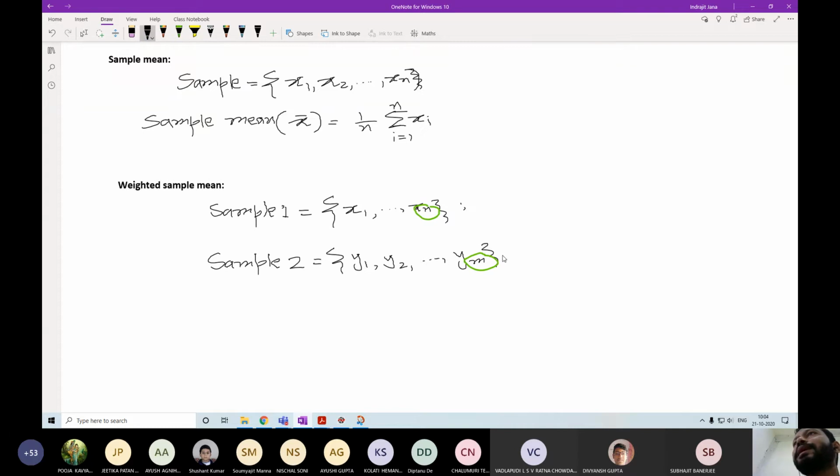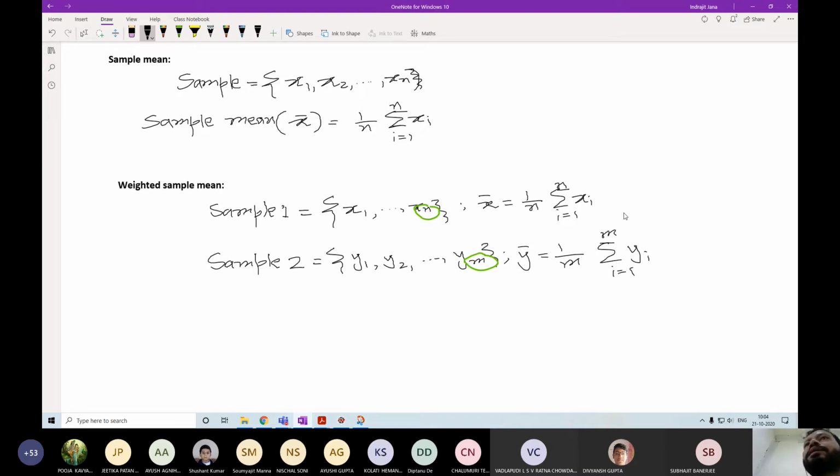Now, the sample mean from the first sample is x bar, which is 1 over n summation xi, i equal to 1 to n. And the sample mean from the second sample is y bar, which is 1 over m summation yi, i equal to 1 to m.